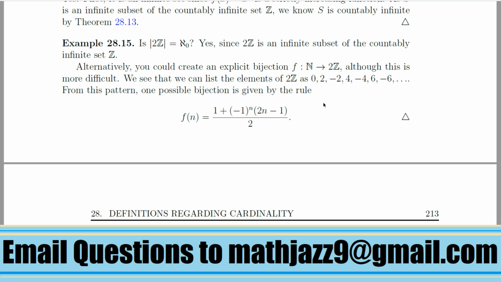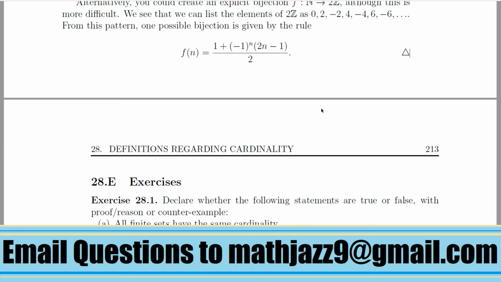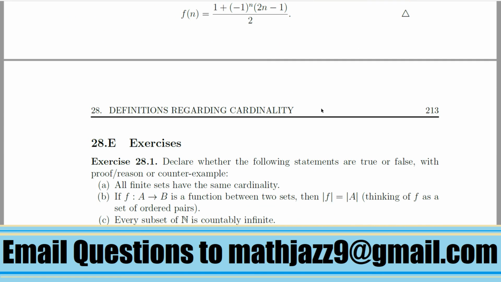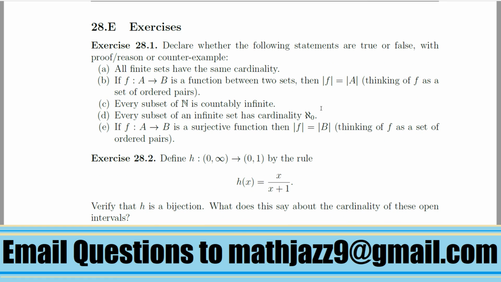It's not that hard of a stretch to go from there to there are as many evens as there are integers, since if there is the same number of evens as naturals and the same number of naturals as integers, then because we proved that cardinality is an equivalence relation, we get that there are the same number of evens as there are integers. Okay, so let's look at these exercises.